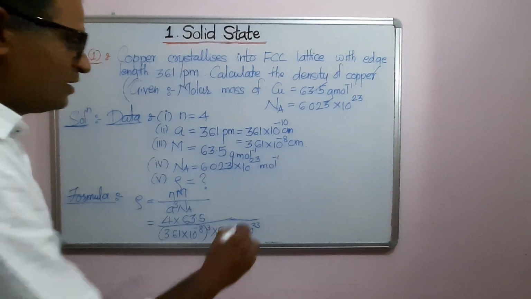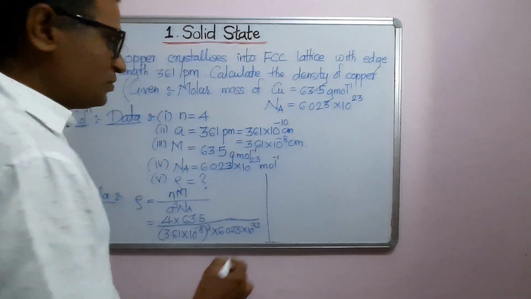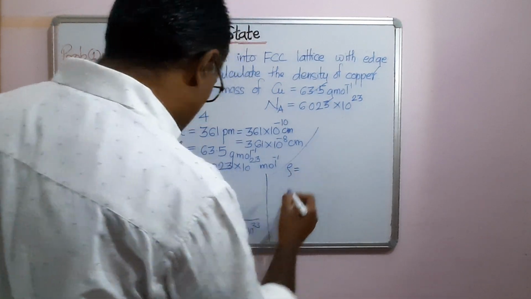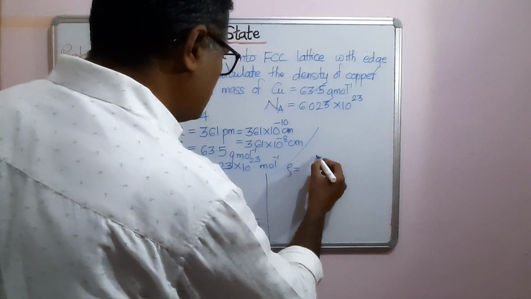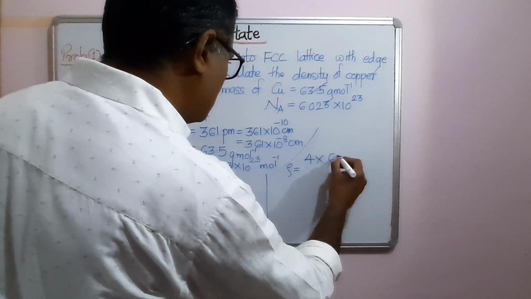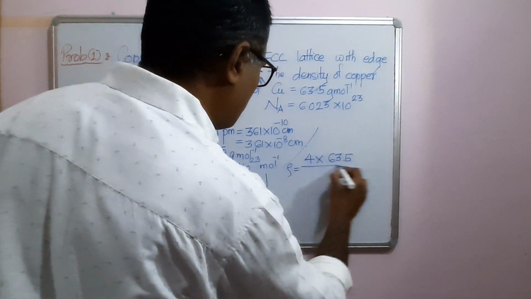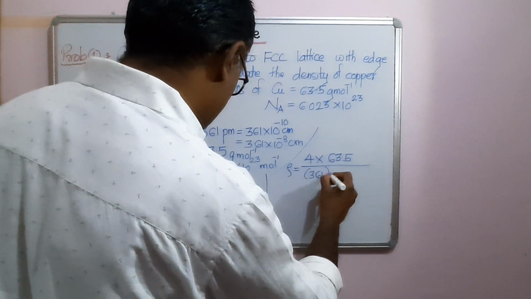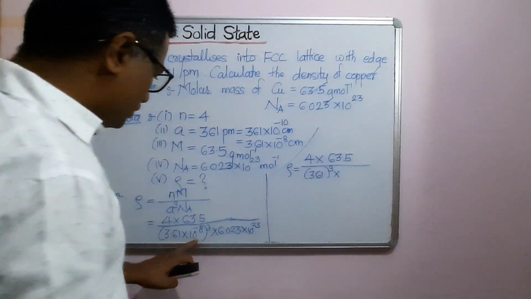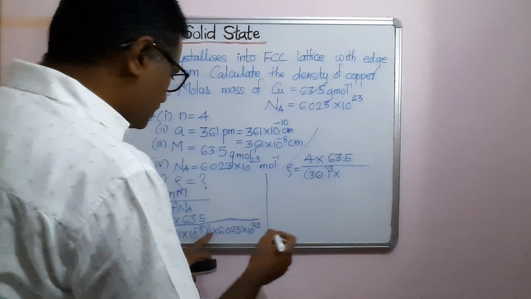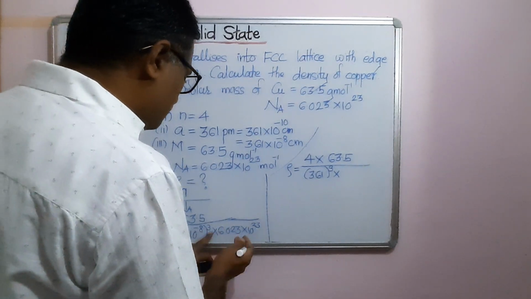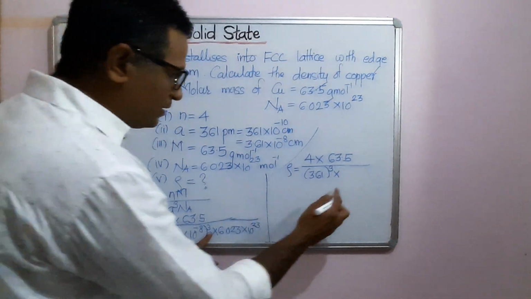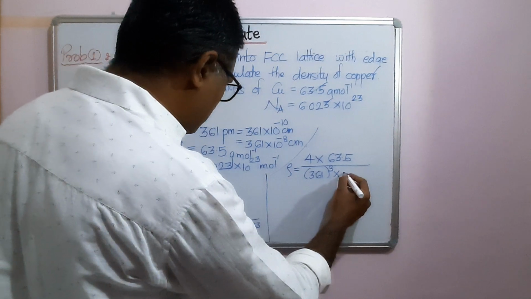Here I will do some calculations directly. So rho is equal to 4 into 63.5 upon 3.61 cube into, 10 to the power minus 8 cube means it becomes 10 to the power minus 24, and with 10 to the power 23 that becomes 10 to the power minus 1.